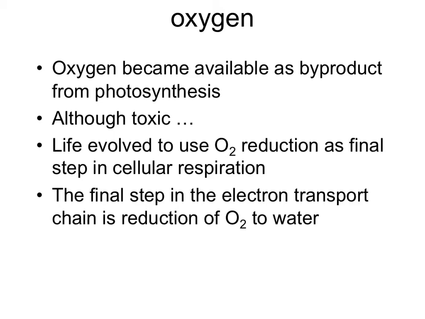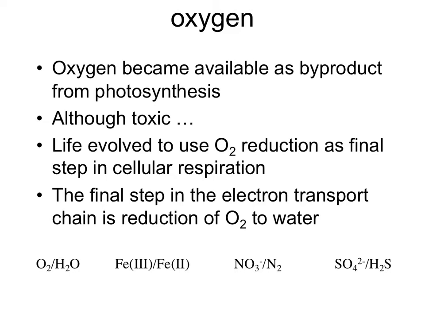Why is this important? Well, there are bacteria that use different final electron acceptors, such as iron 3, nitrate, or sulfate. The problem is that the redox potentials for these species are much lower than the redox potential for oxygen. You get less energy out.